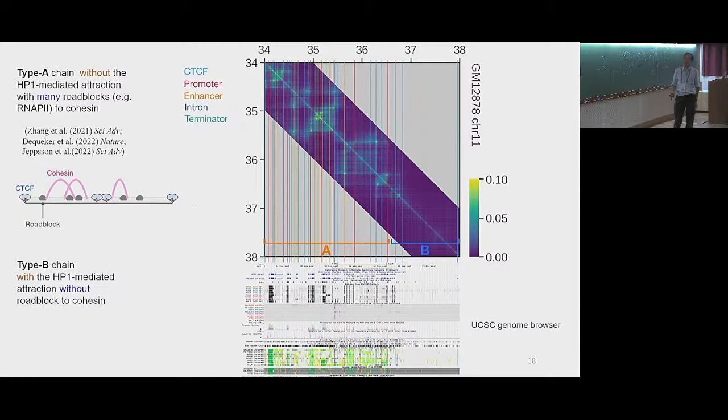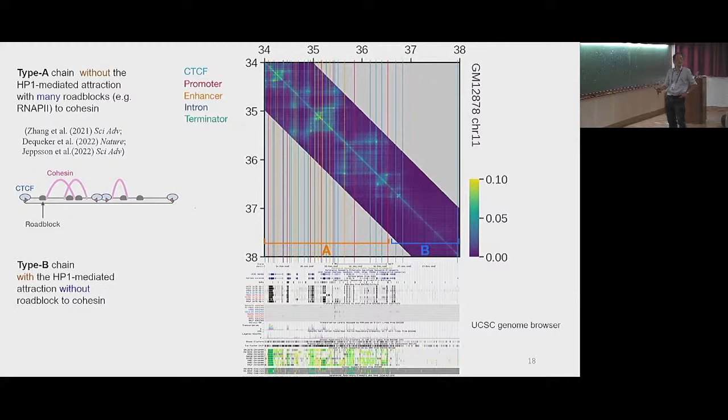This is a more precise mapping, this is Micro-C, a kind of high resolution Hi-C. So we have these peaks, and we can correspond these peaks to ChIP-seq data or the gene region representation, showing that these intense peaks appear at the CTCF binding sites or promoter sites or enhancer sites or intron sites.